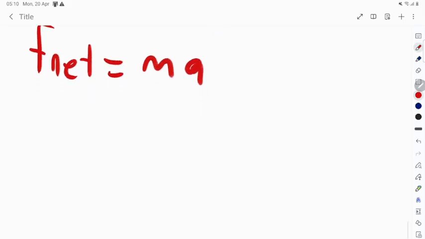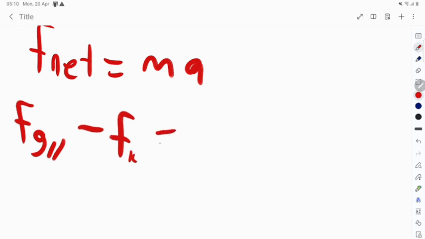Remember, now when the block is sliding down, we only have two forces, force of friction and Fg parallel. That's the only two forces acting on that block because there's no longer tension. So we can say Fg parallel minus frictional force is equal to ma.